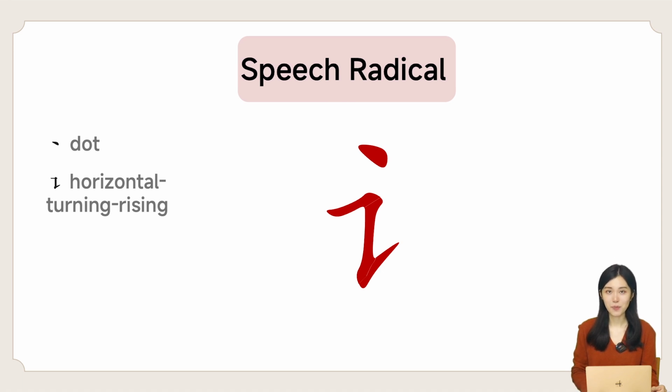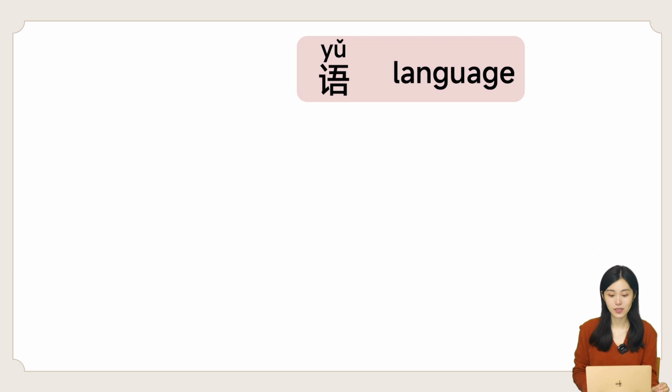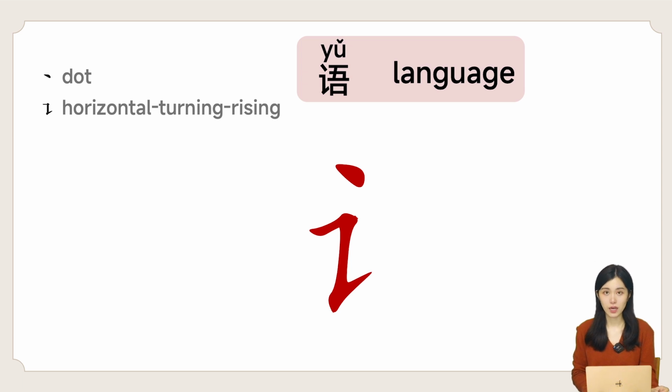Now let's see some examples using this speech radical. 语 means language. Please read it after me. 语. Guess how to write it? Yes, first we should start from the radical on the left. So first we write a dot, and then the horizontal turning rising. Now move on to the right part.